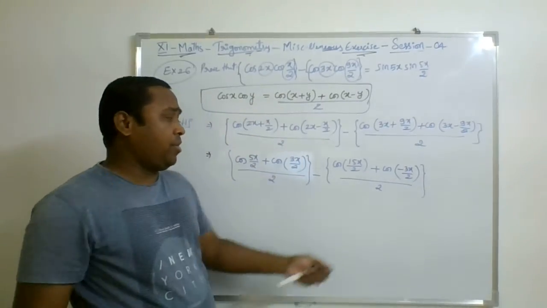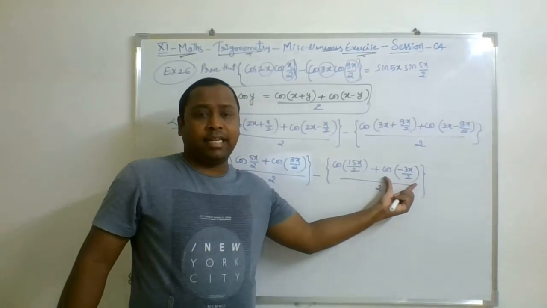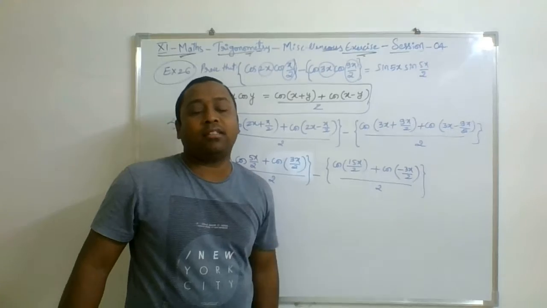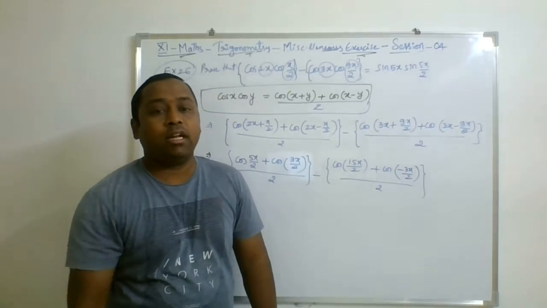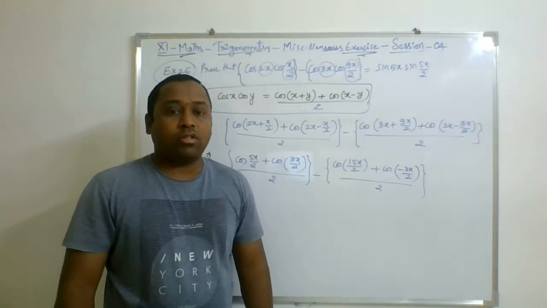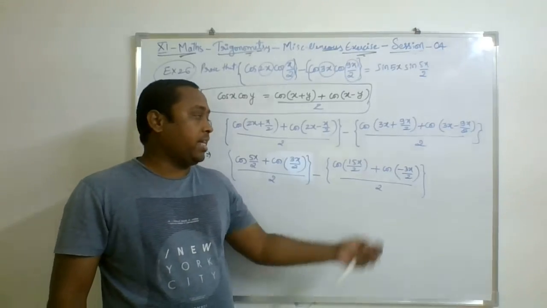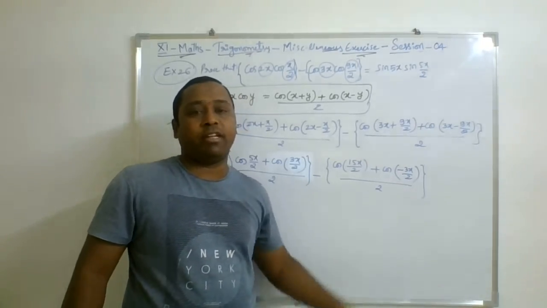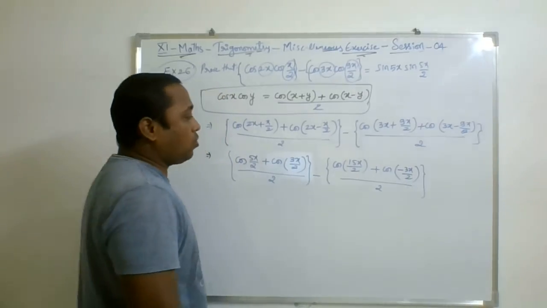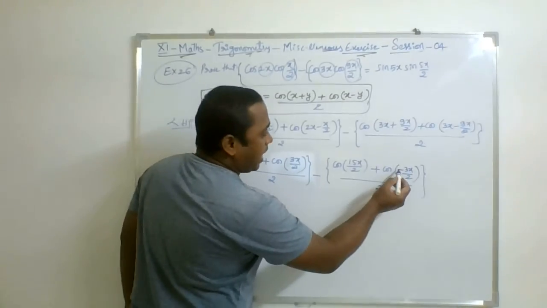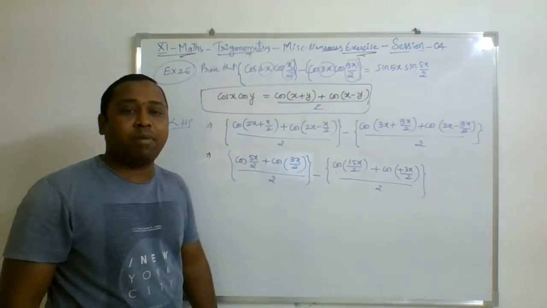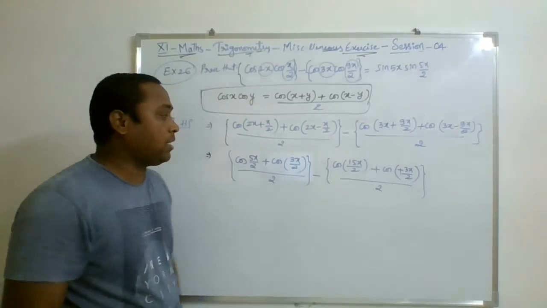But you know, cos of minus theta is cos theta only, because a minus angle lies in the fourth quadrant, where cos theta is positive. Hence, cos of minus 3x by 2 becomes cos 3x by 2, because cos of minus theta is cos theta.